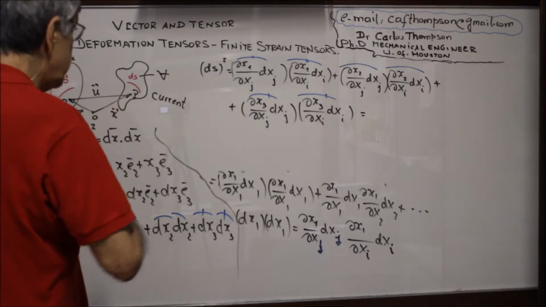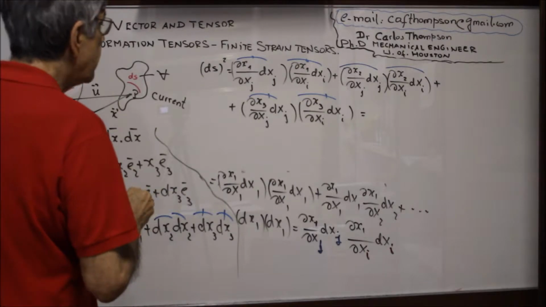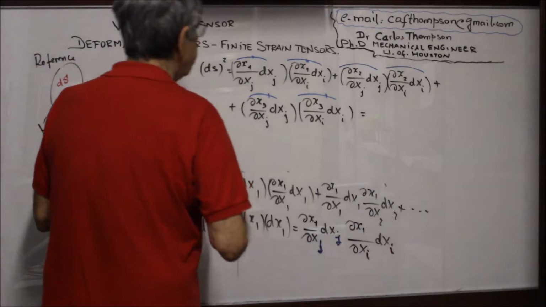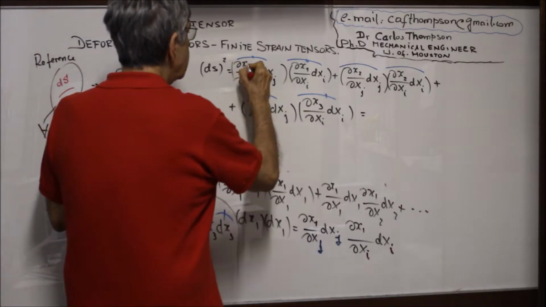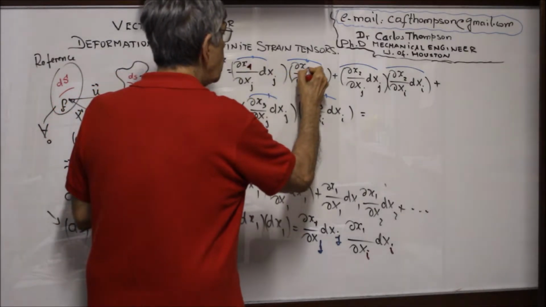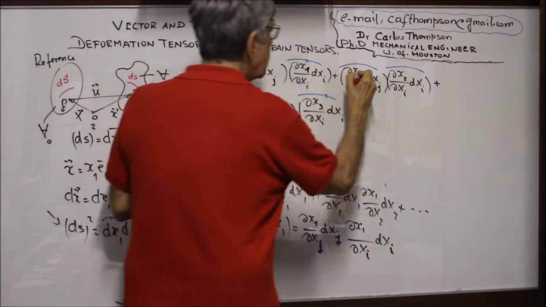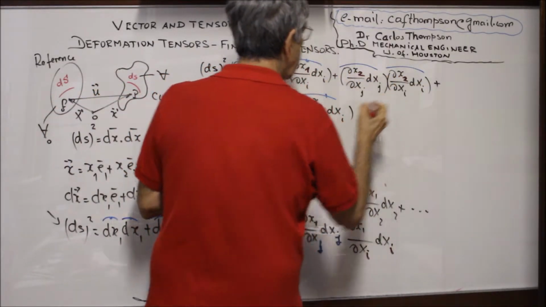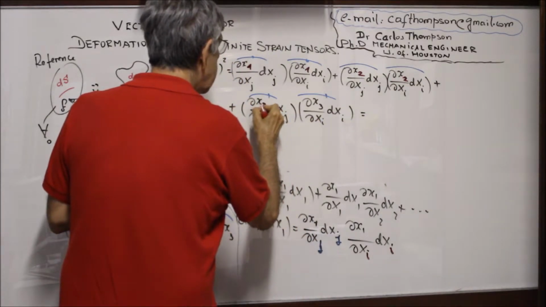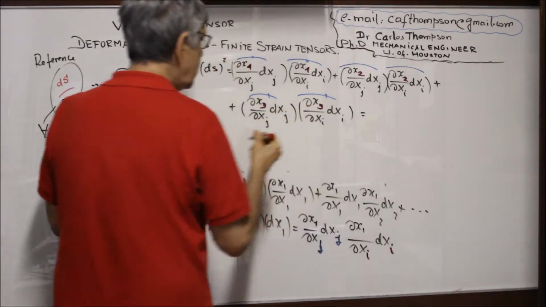Now you can see that I could use another dummy index. Look, this is 1, 1. Now this is 2 and 2. This is 3 and 3.